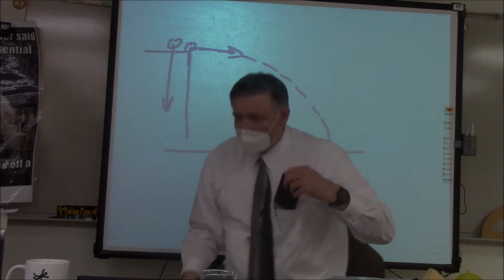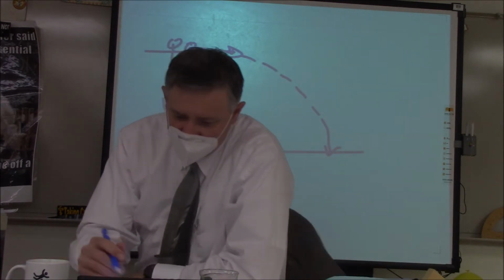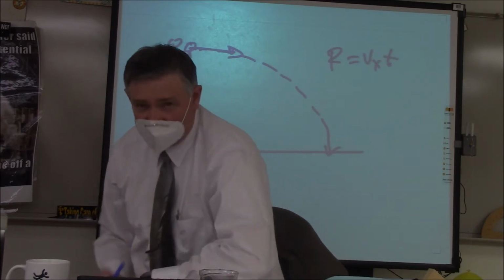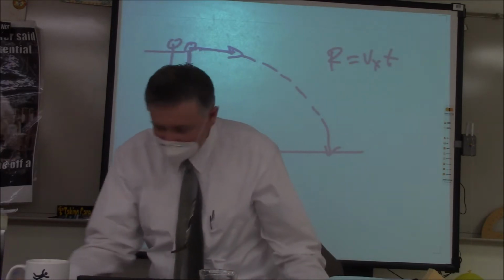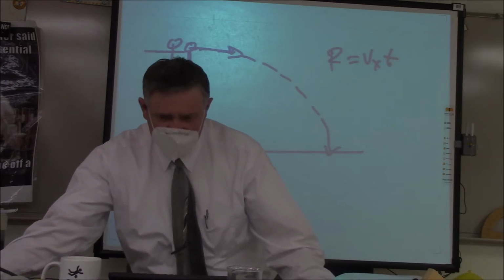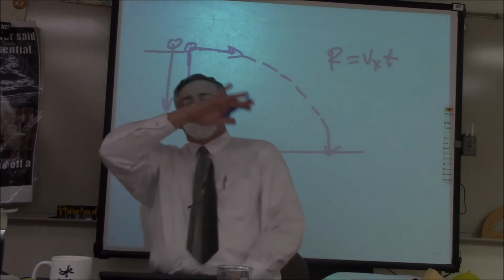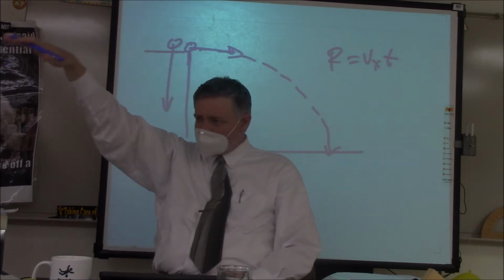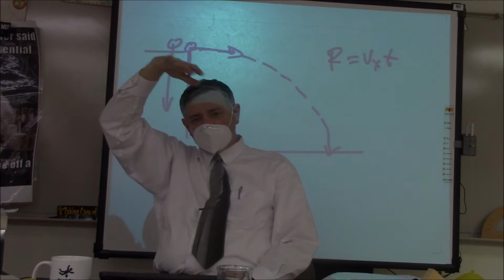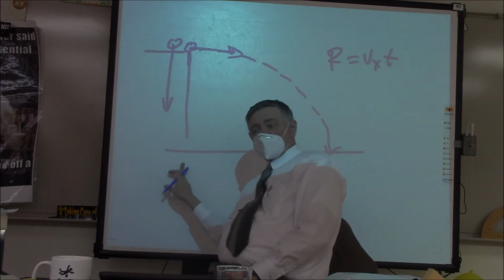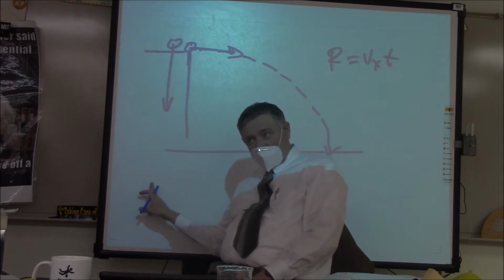This is why in the horizontal direction we can use range equals Vx times time, because we're assuming that that velocity is remaining constant. The horizontal is constant because there's no forces acting on it. Without a force, it doesn't accelerate. You do have an acceleration vertically because that's the direction of an imbalanced force.